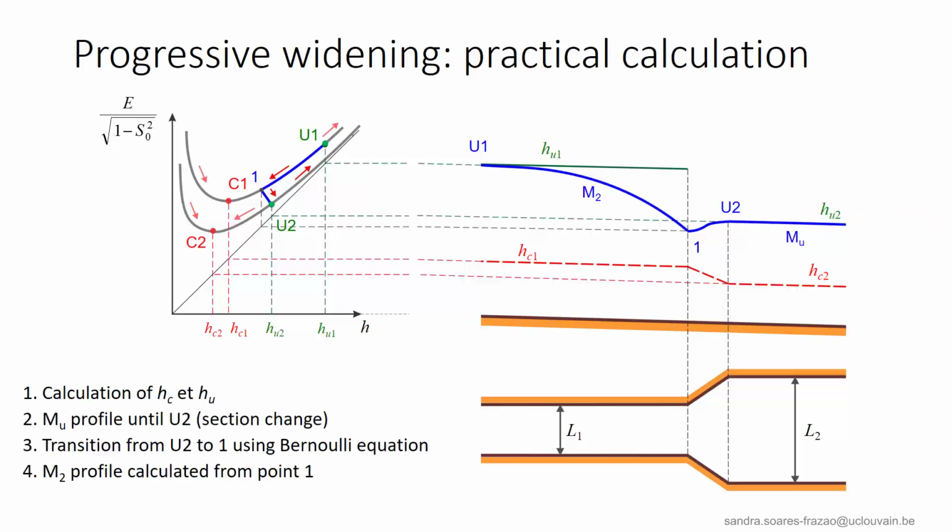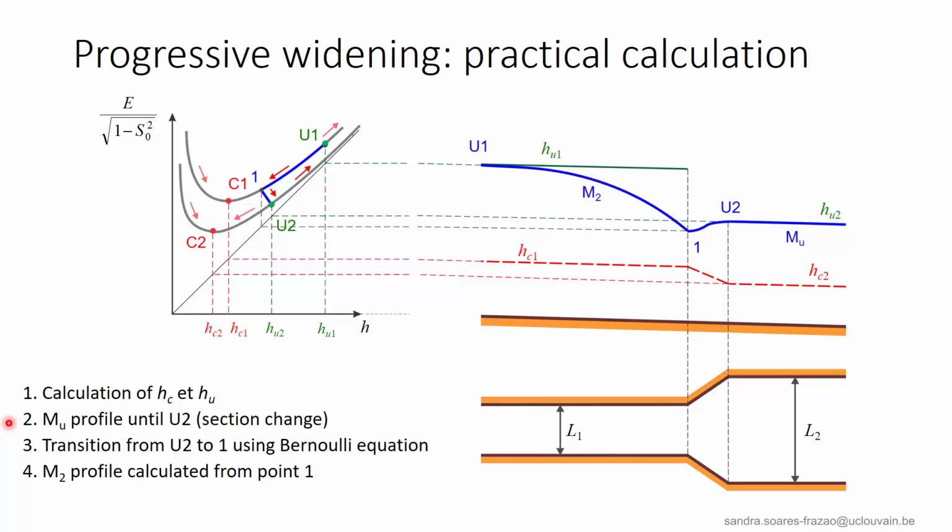The calculation is conducted as follows. First, we determine the critical and normal depths. As we assume a uniform flow far away from the transition, we will have a subcritical flow at the downstream end of the system. So, starting the calculation from downstream, we will represent the MU profile until point U2.